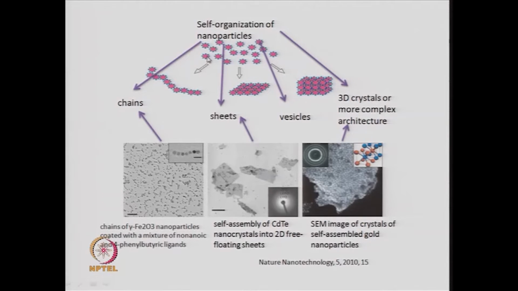The particles can be different kinds, can be semiconductors, can be metal particles, and also on what you cap, what you functionalize them, and the conditions, the pH etcetera, will control the ultimate morphology or the self assembly of these particles, whether you get a chain or whether you get sheets or 3 dimensional structures, as shown in this case of a gold self assembled structure.